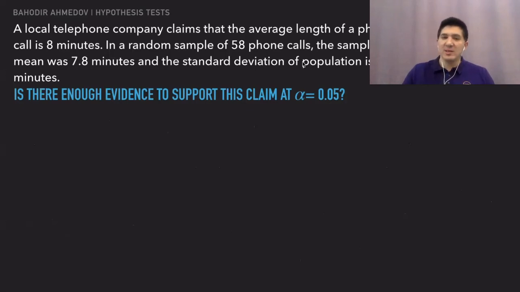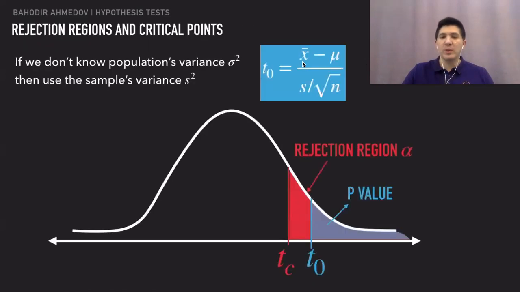So if the standard deviation of the population is not known, we need to use the standard deviation of the sample, and we need to use the t-distribution. Our calculations are going to be more or less the same, and the test statistic is essentially the same formula. The only difference is that in order to find the rejection regions, we need to use the t-table, not the z-table.